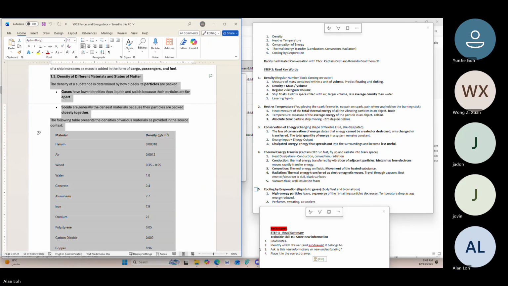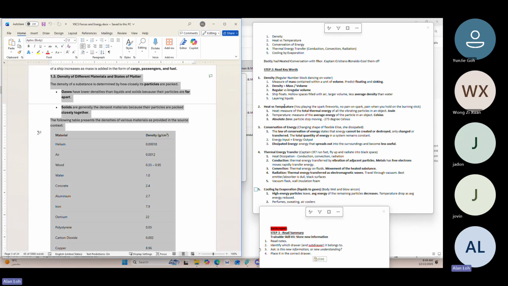Let's do it, 1 minute. 20 seconds. Okay, done. So this is drawer 1.